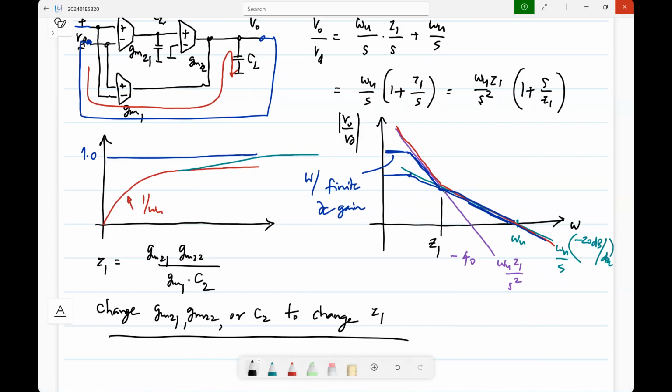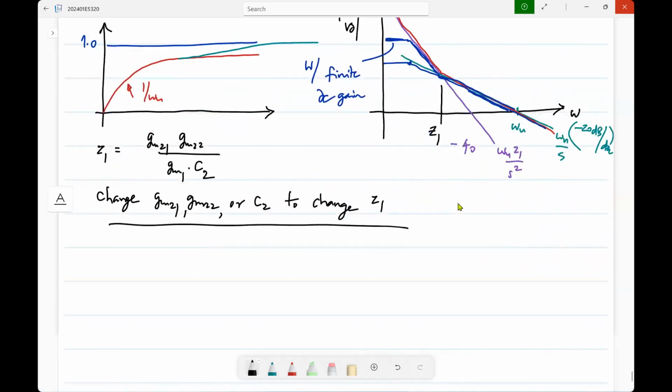Which one dominantly? One way to think about it is you look at the output current of this op amp and then see which one dominates, which will be the dominant contributor to noise.